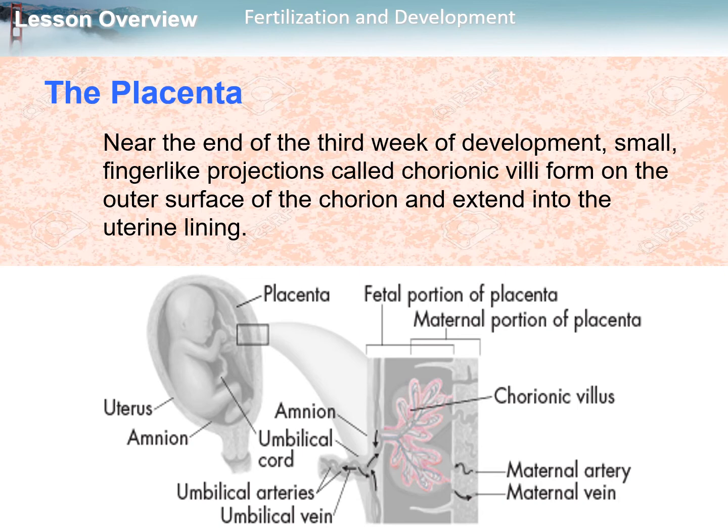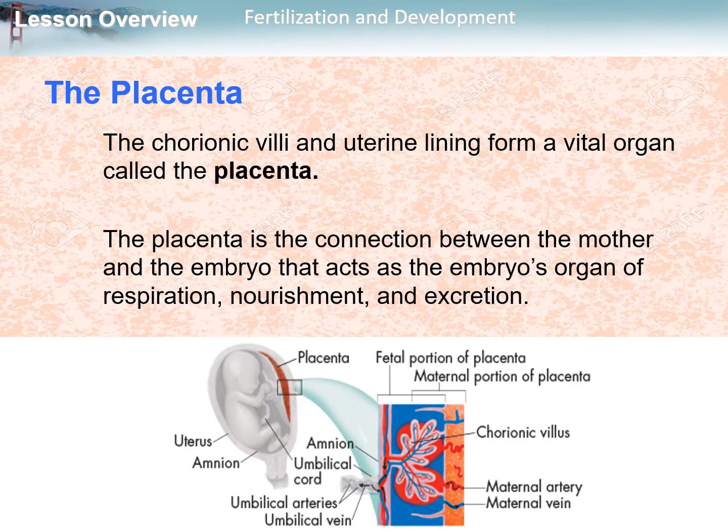This is the enlarged picture of the chorion, in which it has grown finger-like projections we call chorionic villi. The chorionic villi and the uterine lining form a vital organ called the placenta. So this is where the placenta is found.